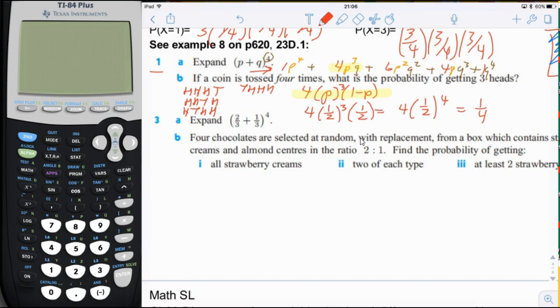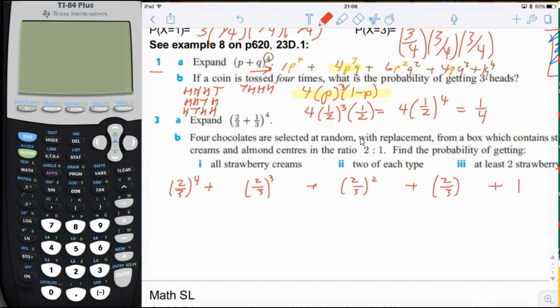So it's going to be 2/3 to the 4th, 2/3 to the 3rd, 2/3 to the 2nd, 2/3 to the 1st, and 1.